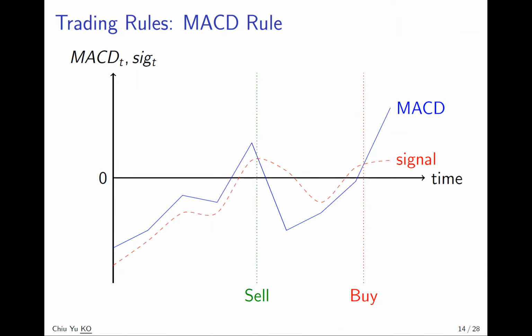You can see the blue line is the MACD, the red dashed line is the signal line. The first thing you see is the MACD falls from above to below and crosses the signal line, then it's a sell. The next one you see the MACD goes from below to above the signal line, then it is a buy.